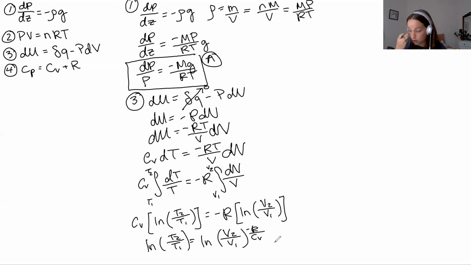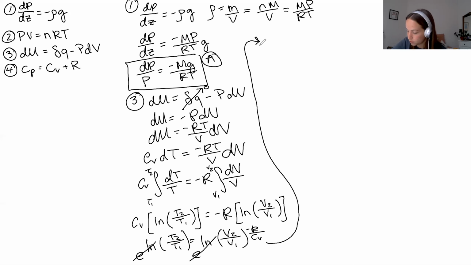And then from here, we will be able to exponentiate both sides to get rid of those natural logarithms. So then we are left with T2 over T1 equal to V2 over V1 to the negative R over CV. And now I want those volumes to go away. I want them to be pressures and temperatures.